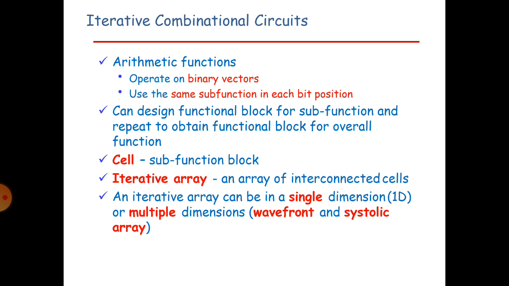A cell is the subfunction block. An array of interconnected cells is nothing but an iterative array. An iterative array can be single dimensional (1D) or multidimensional, such as wavefront and systolic arrays.